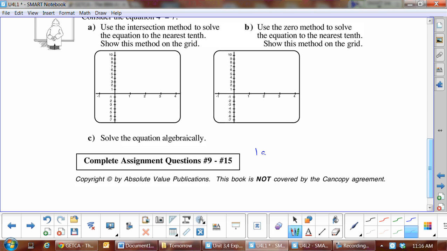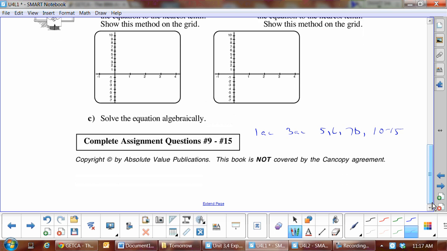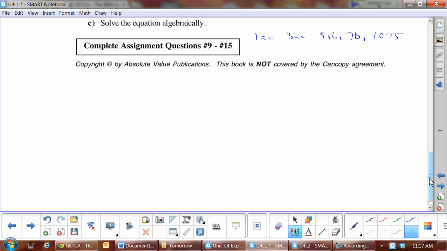So we're doing 1ac, 3ac, 5, 6, 7b, and 10 to 15.